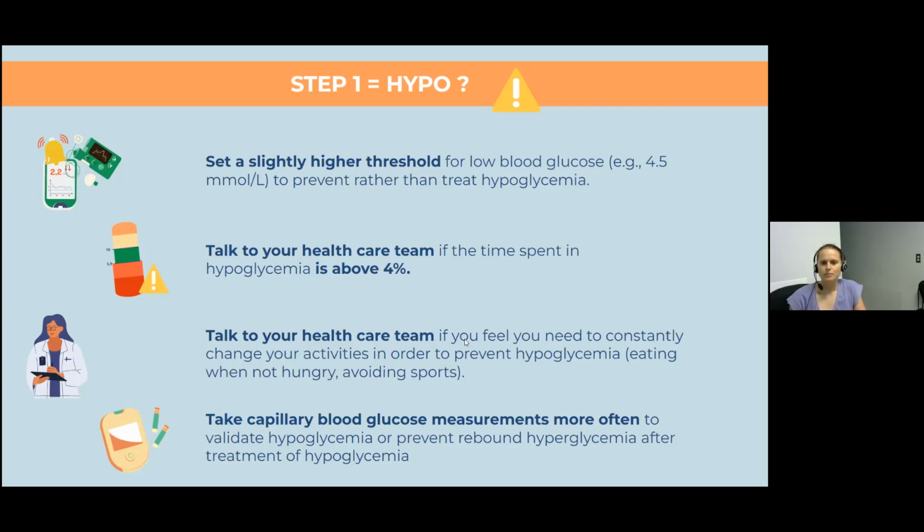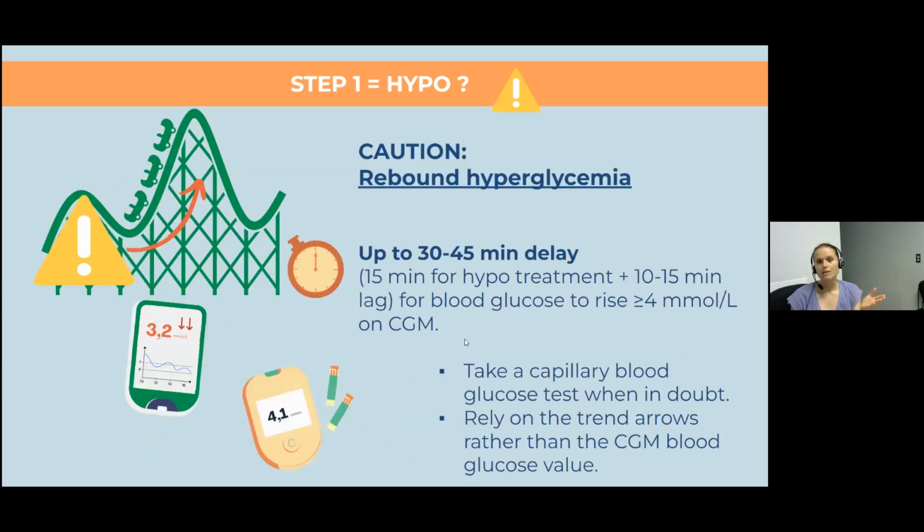And finally, I always encourage patients to take their capillary blood glucose measurements more often around hypoglycemia. The reason is, because of that delay, the margin of error in hypoglycemia is so little for it to really make a difference in the decision you're going to make. It's important to take a blood glucose measurement with the glucometer if you have a doubt whether you're in hypoglycemia, or after you treat a hypo and it takes a while for it to go up.